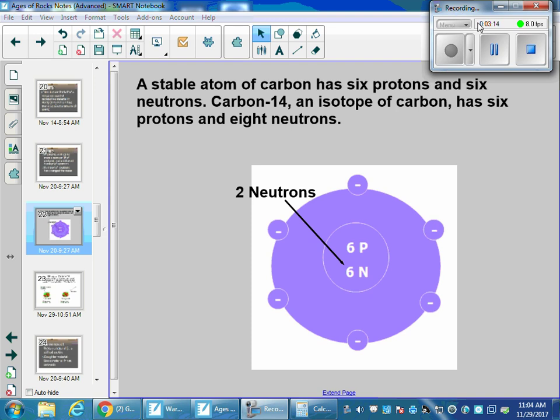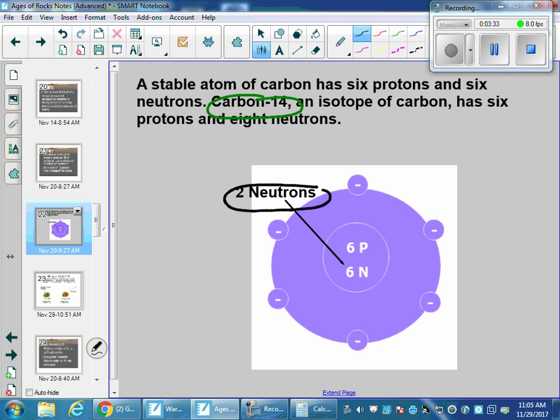However, there is an isotope of carbon called carbon-14, okay? And it still has 6 protons. It has to have 6 protons to be carbon. But instead of having 6 neutrons, like our diagram shows in the middle, it has 2 extra neutrons in the center here.